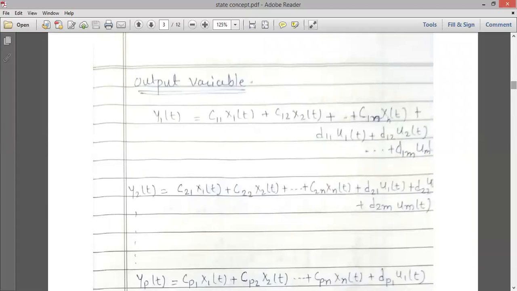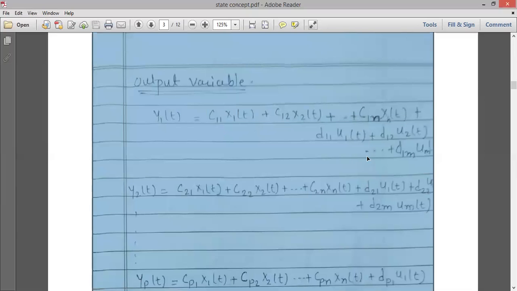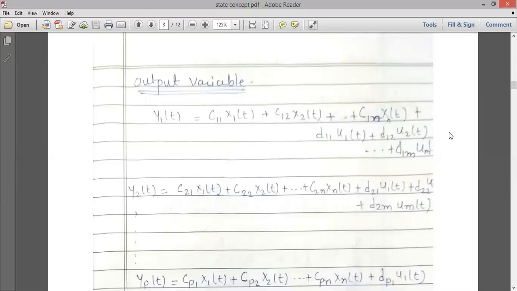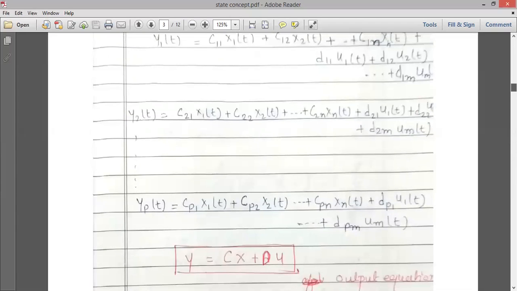The second equation of the state model is the output equation. We have to find the relation between the output, the state variable, and the input. The first output is y1, and again we can have multiple outputs. Y1 is related to x and to u.